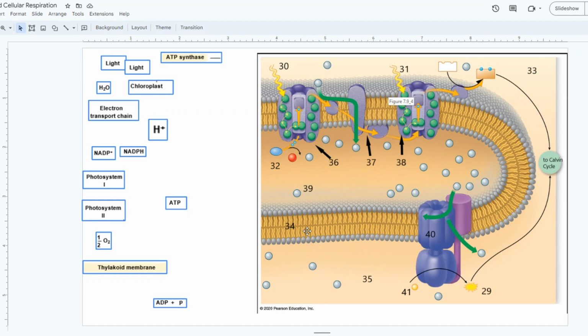And so mitochondria do this by having these invaginations. Chloroplasts do it by having the thylakoid stacks. So what you're looking at here is a thylakoid stack. And the reason why the thylakoid stacks are green is because you've got, lo and behold, these little pigments in there. And these little pigments are the reason why this whole thing is working at all.